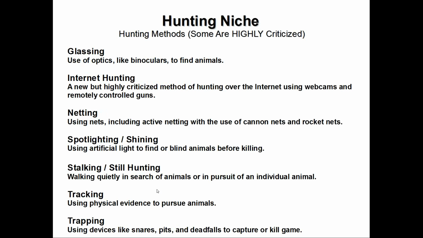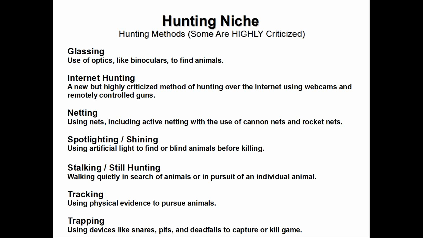Now there's another page here of even more hunting methods to talk about. Glassing is using optics, like binoculars, for example, to find animals. One of the 4 sub-niches in this particular package covers glassing. You also have internet hunting.